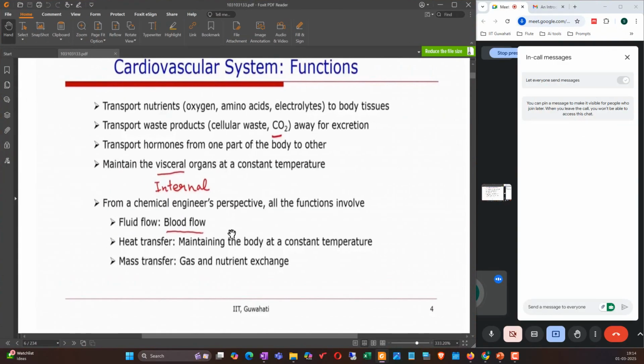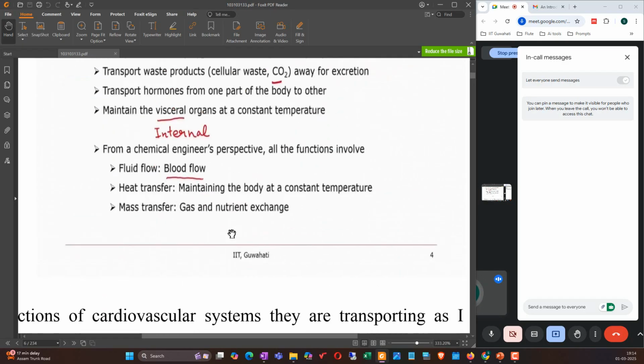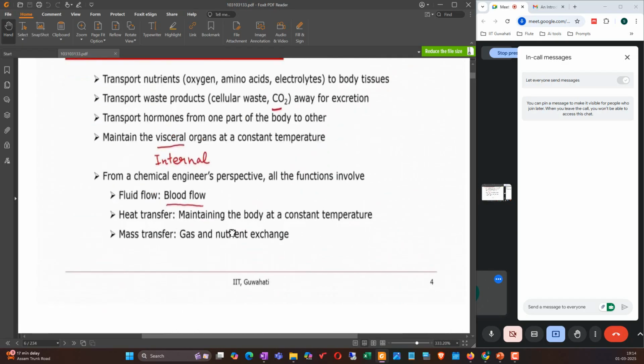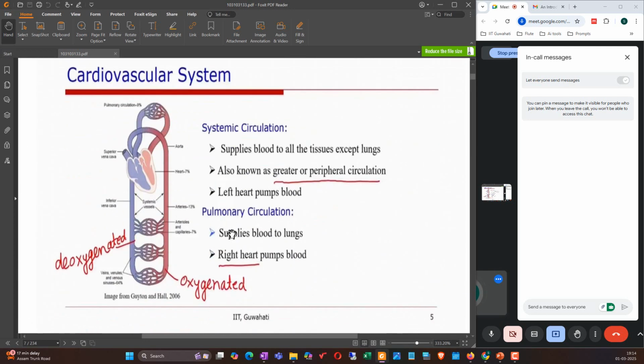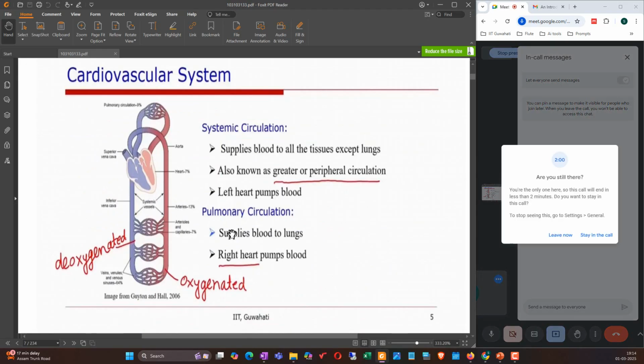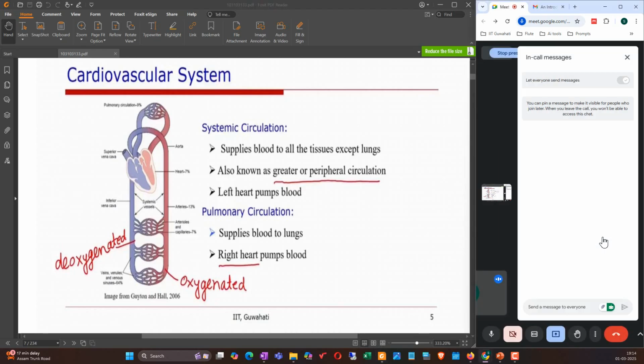And mass transfer is the transport of gas and the nutrient exchange, right? If you see, this cardiovascular system consists of two parts. One is the systemic circulation, and another is the pulmonary circulation.